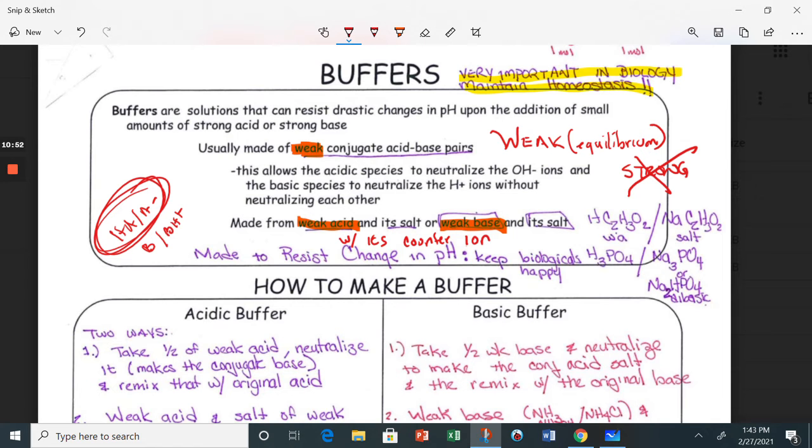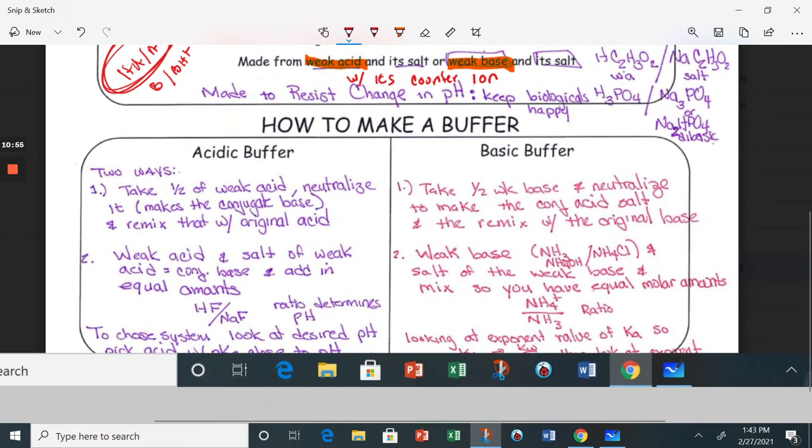There are 2 ways to make a buffer, right? And this is actually going to sum it up really short, like bullet points. Here's the first way, here's the second way. The first way is if they tell you you only have the weak acid and you have a base off the shelf. In order to get a buffer, you need the acid with its conjugate ion.